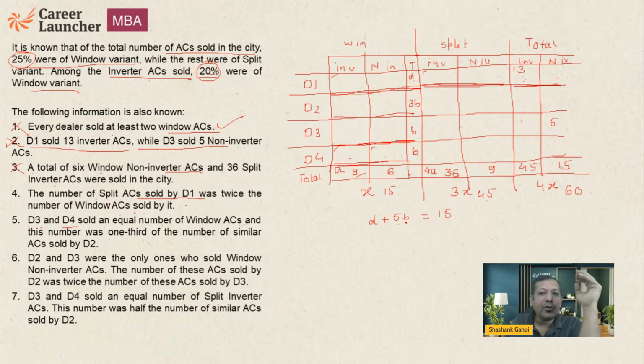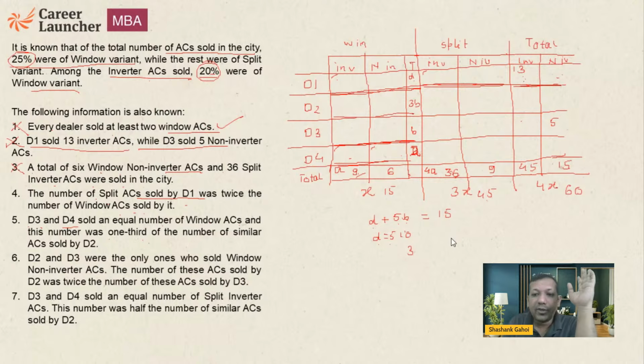So the minimum value of B is 2, minimum value of D is 2. Fine. So if I put B equal to 2, this is going to be 10, D is going to be 5. If B is 3, then D is going to be 0, so that's not a possible arrangement. It means B should be 2.